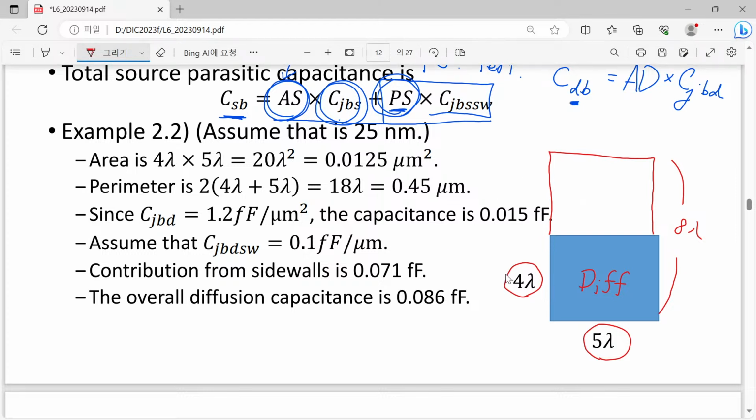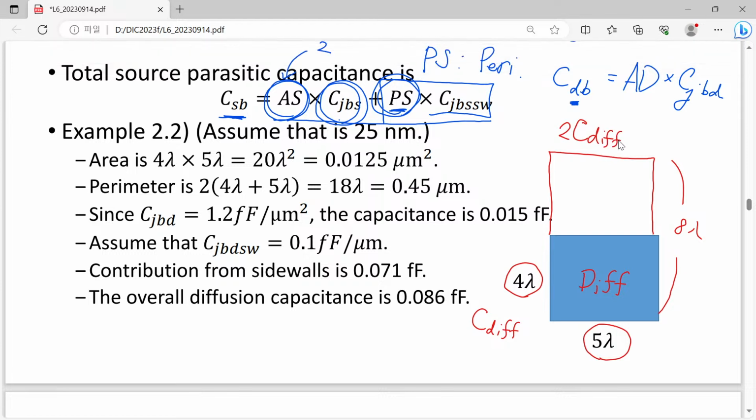So maybe we can think that previously we had a certain value C diffusion, and now we will have the quantity like 2 times C diffusion. This is the area dependent one. This is our first guess. However, this formula just states that capacitance is not only dependent on area, also dependent on what?